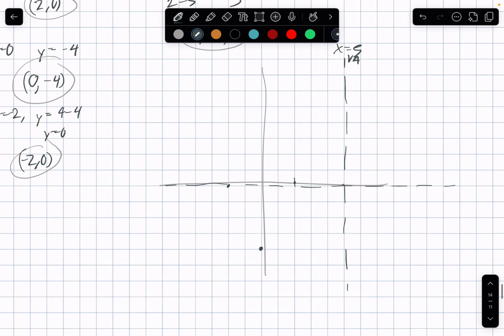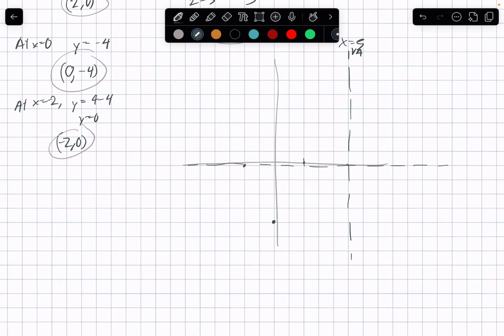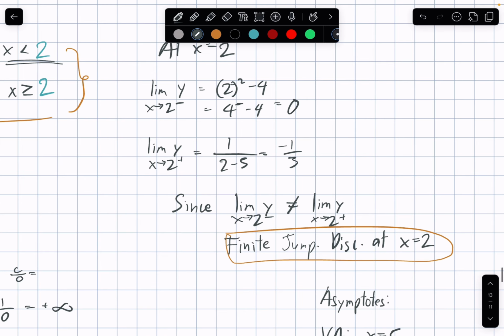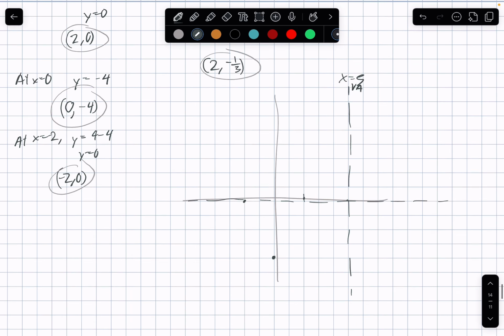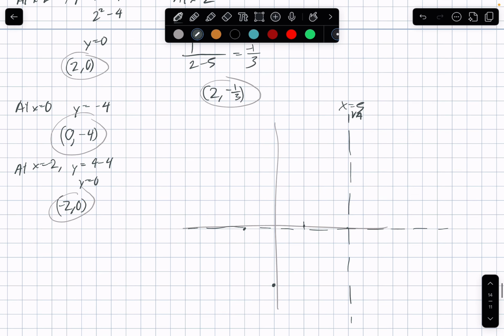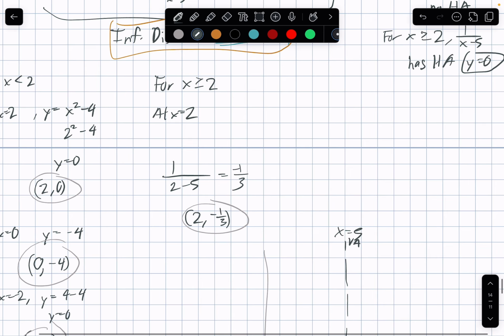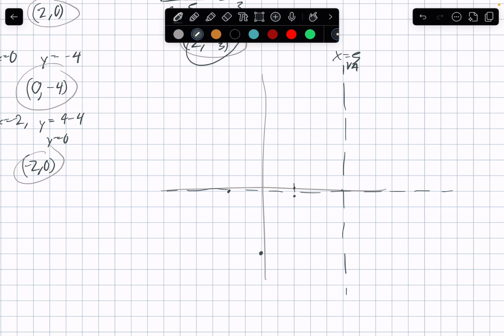Finite jump discontinuity at x is equal to 2. Okay. Finite jump. Yeah, I think this is the one, 2 and negative 1/3. Okay, I think it starts to make sense.